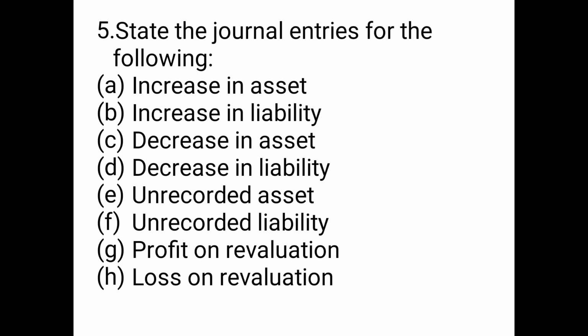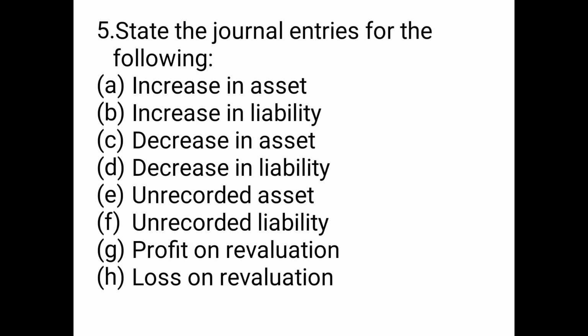Unrecorded asset, and if you are recording it right now, that means it is an increase in asset. So the entry will be the same as for increase in asset, that is unrecorded asset account debited to revaluation account. Then unrecorded liability, same as increase in liability, the entry will be revaluation account debited to unrecorded liability account.